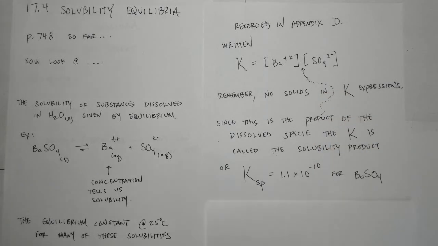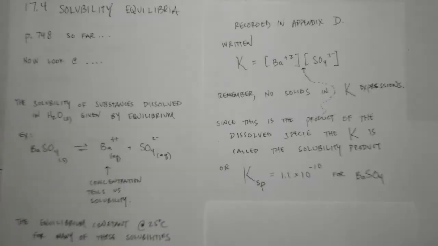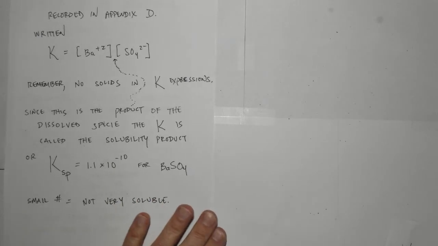KSP for barium sulfate is 1.1 times 10 to the negative 10th, and you can look that one up in Appendix D. For some of your problems, you'll need to look them up there. It's small, so that means it's not very soluble. But we're still interested in that because, as we said, certain things that are just a little bit soluble make a big difference.